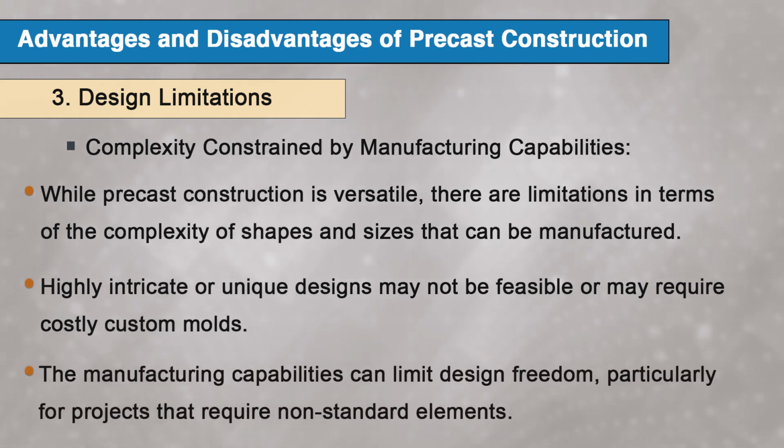The manufacturing capabilities can limit design freedom, particularly for projects that require non-standard elements. For example, a building with a highly irregular or organic shape may not be suitable for precast construction, as the complexity could drive up cost or make production unfeasible.